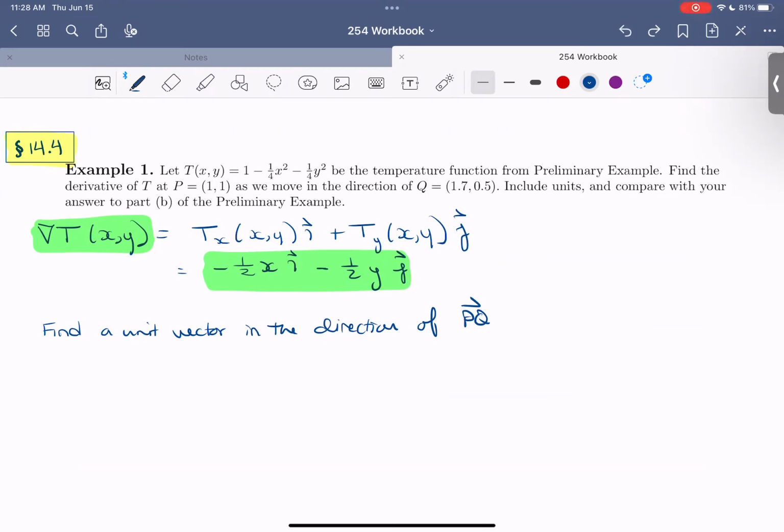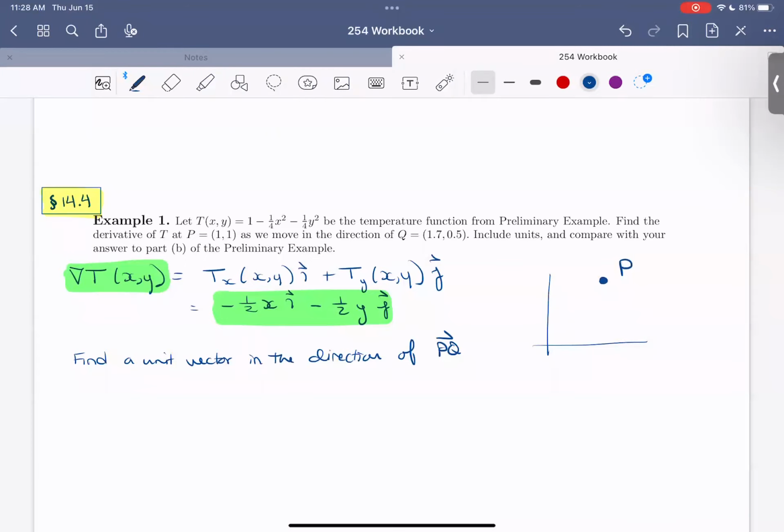Maybe I'll draw it a little better to scale. Here's P, with a set of axes. And then Q will be a little further on the x and a little lower on the y, down here. Okay, so here's our vector PQ.